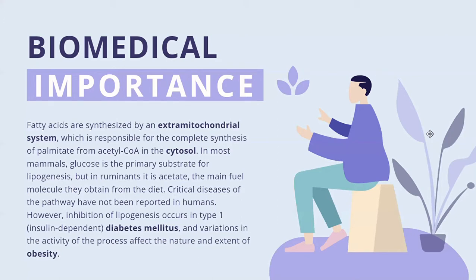So how many acetyl-CoAs are that? You have 16 carbons. That would be 8 acetyl-CoAs. All right, there will be 8. Now these 8 acetyl-CoAs are used in the formation of what you call your palmitic acid.